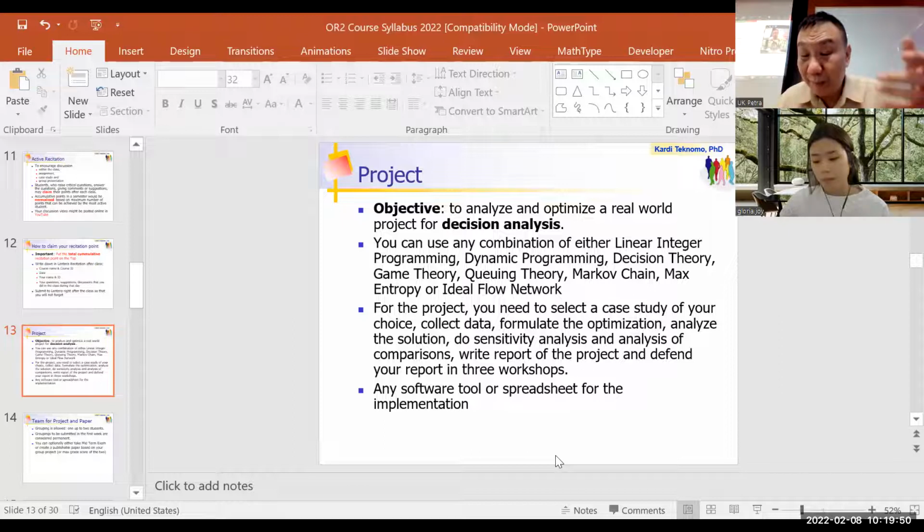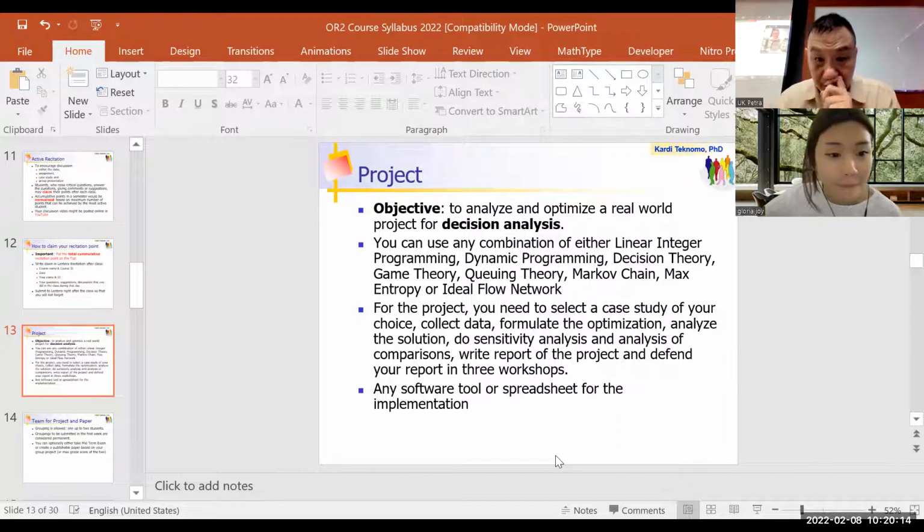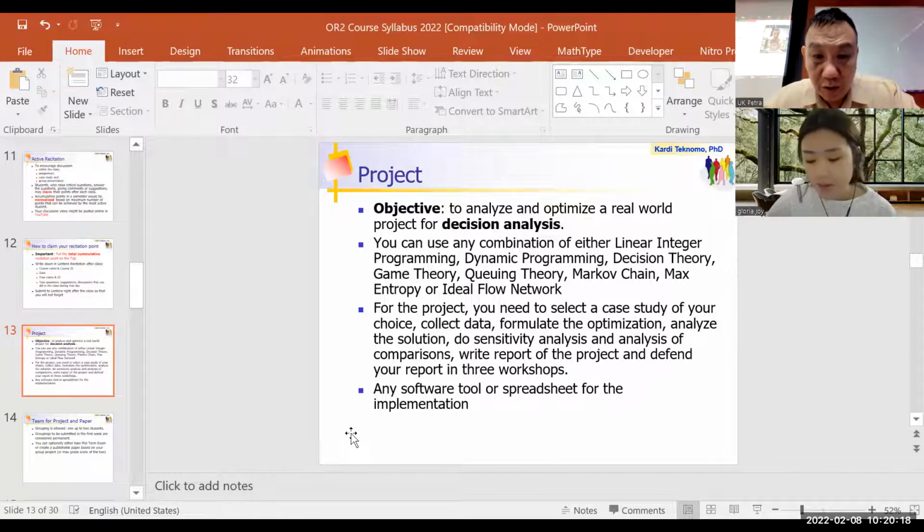Not just like the example in the linear programming, right? It's much bigger than that. So, and then you will analyze, and then solution. You can use any software, and then do sensitivity analysis, right? And then you compare, and then you will write a report. So that's the usual. And then you will define this in 3 workshops. Okay. Again, you can use any software tool, including spreadsheet.